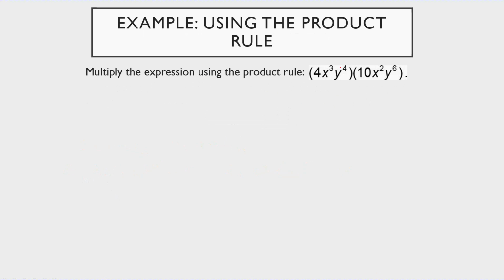So here, I want to take this crazy expression, 4x cubed y to the 4th, and multiply it by 10x squared y to the 6th. All you're going to do is first take the coefficients, 4 times 10, and then take x cubed times x squared, and then y to the 4th times y to the 6th.